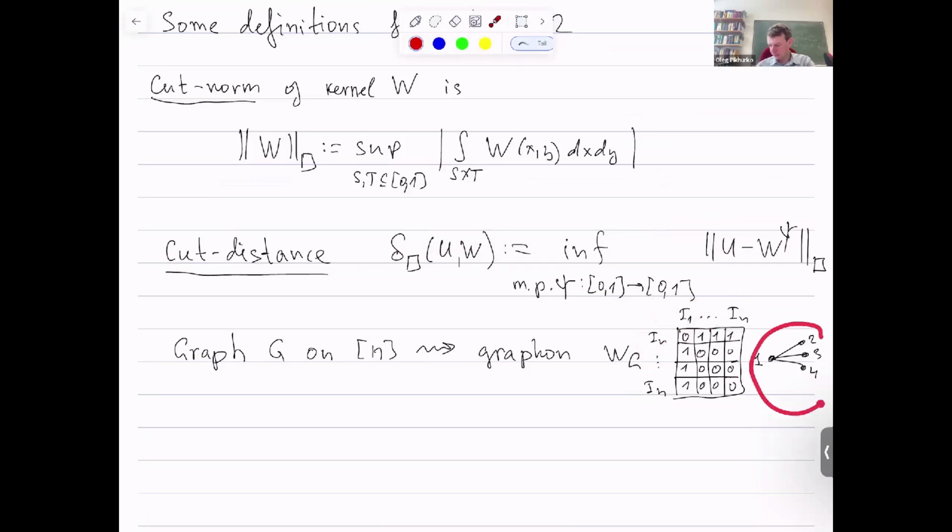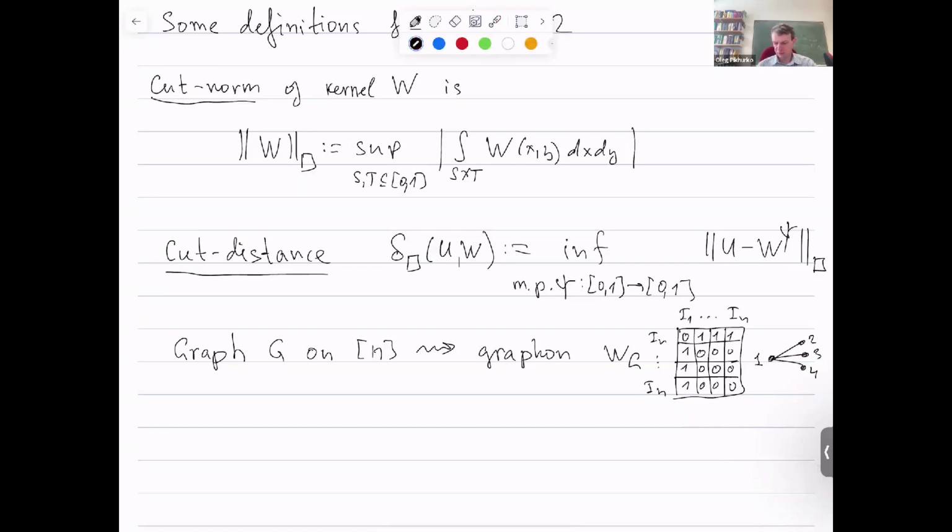Here's one example: a star with three edges, where 1 is connected to everybody else. You put zeros on the diagonal, and whenever you see an edge, like 1-2, 1-3, 1-4, you put ones. And if you see a non-edge, like 2-3, you put 0.